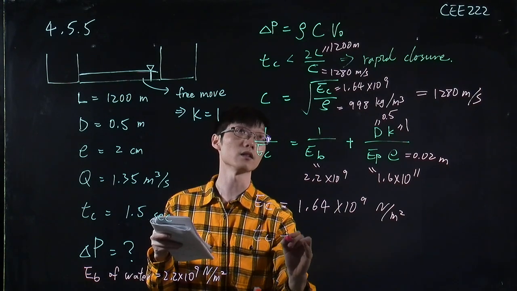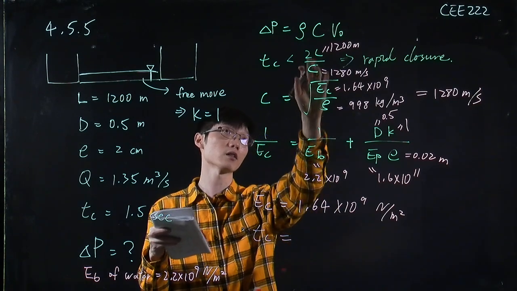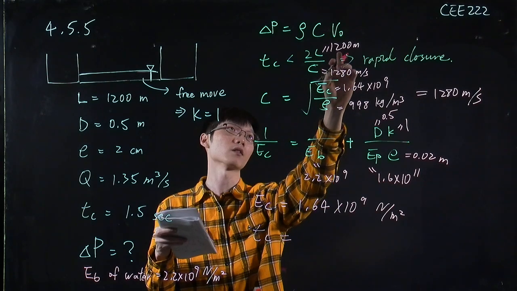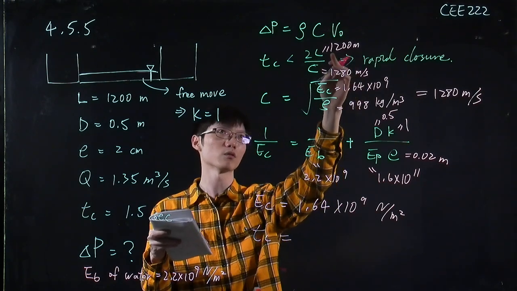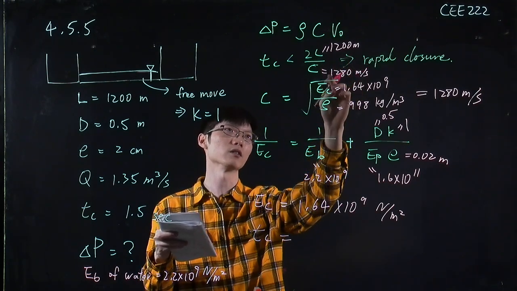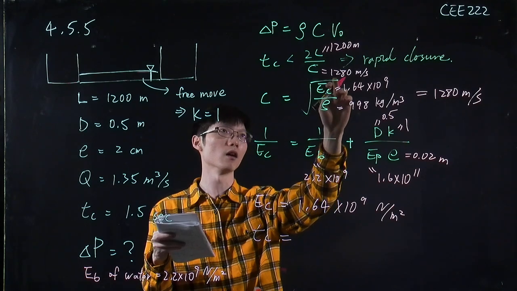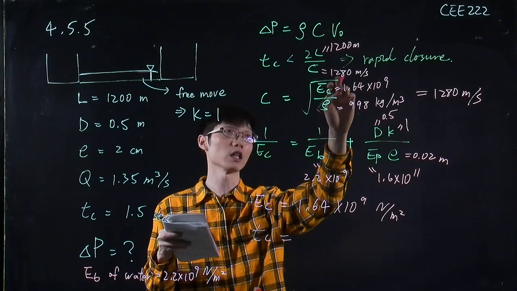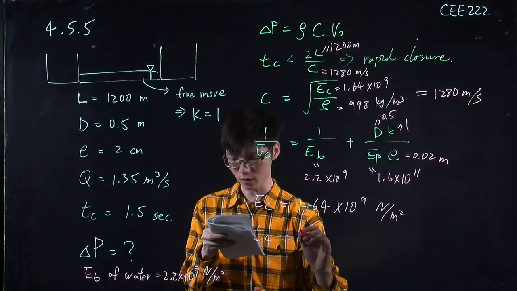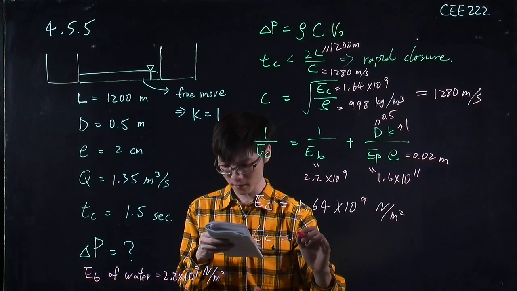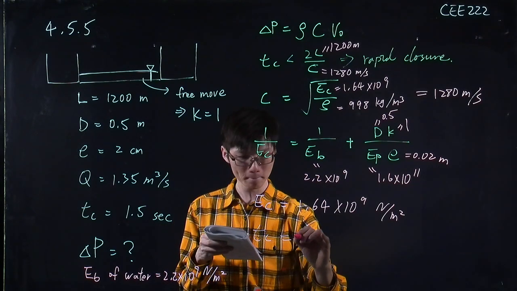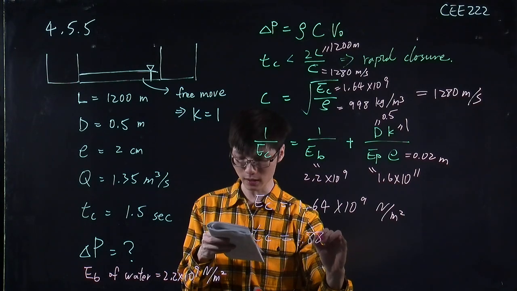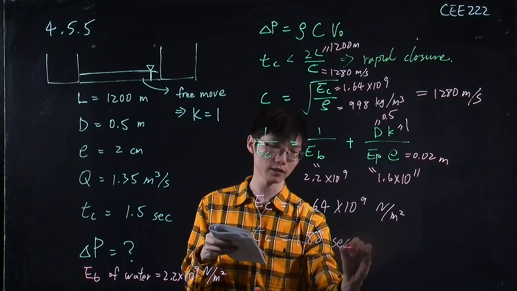The TC is equal to, if you calculate this, 2 times 1,200 is equal to 2,400, and you divide that number by 1,280, and you will get that TC is 1.88 second.